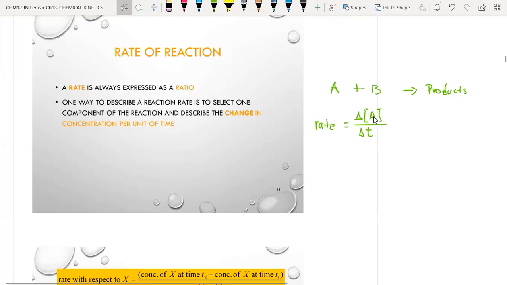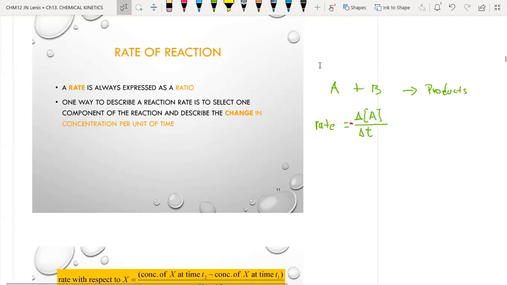And what's happening during the reaction? What's happening with the concentration of A? During the reaction, the concentration of A is disappearing, is going down, as you can recall from the graph we just drew. So the numerical value of this will be negative. So the rates are negative for the reactants.